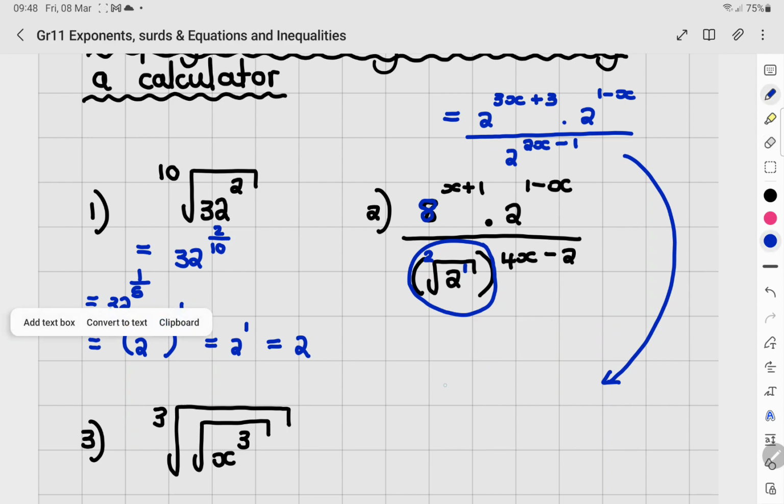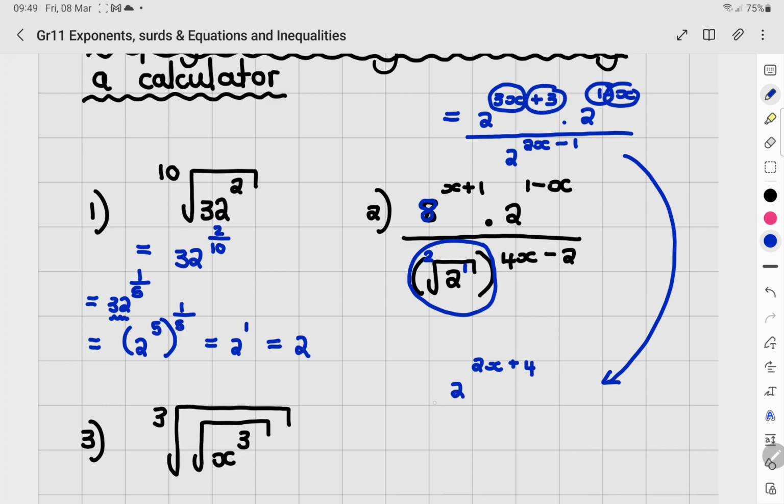And now I'm going to multiply my top bases. I keep my same base and I add my exponents. So what is 3x minus x? It is 2x. And 3 plus 1 is a positive 4. Over 2 to the power 2x minus 1.